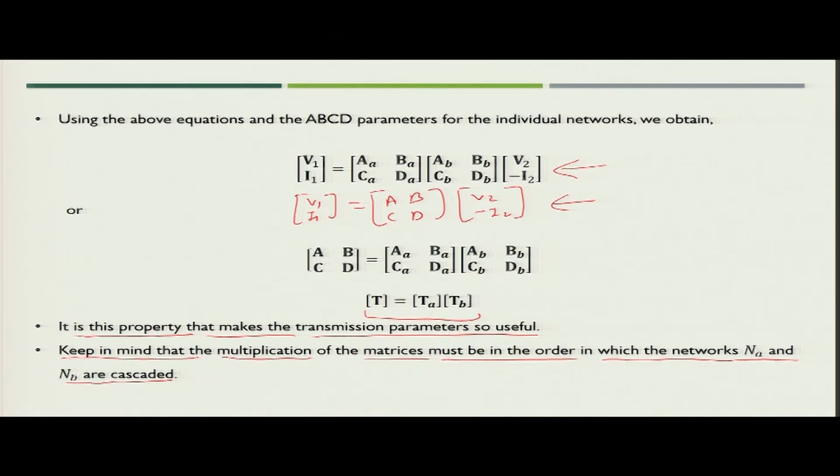Whenever we have a very large network connected as a set of cascaded two port networks, the T parameter of the overall network would be the multiplication of all the T parameter matrices of the individual subnetworks. So, if there are n two port networks which are part of the overall bigger network, all n T parameter matrices would be multiplied in the particular order in which the cascaded networks are connected.